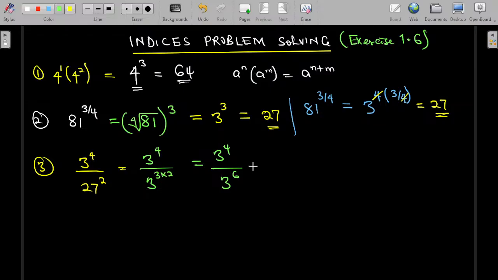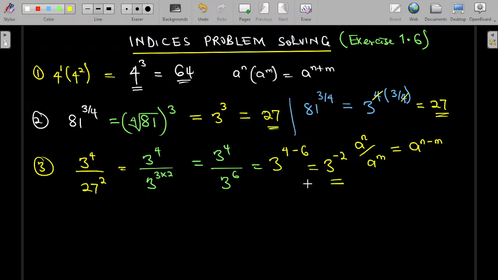But then again, here I have a division of index numbers, and like I said in that video also, if a raised to the power of n is divided by a to the power of m, this is going to give us a to the power of n minus m. And then of course this will be equal to 4 minus 6, which is going to give us 3 raised to the power of minus 2.